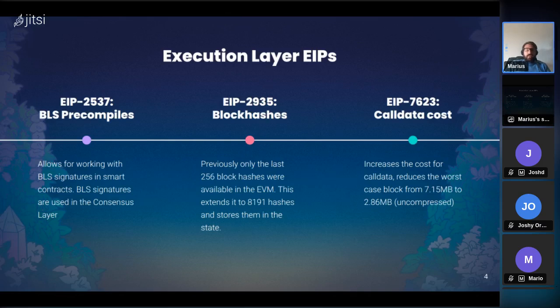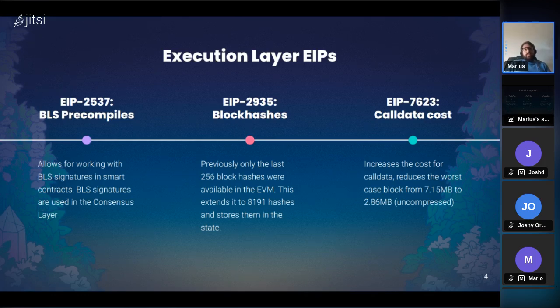But this is not only for signature verification, but there are actually like 6 or 7 precompiles added with this, or even more, and they can be used to do other stuff on the BLS curve, and that's pretty cool because, for example, ZK snarks are built on the BLS curve, and that means some of the ZK L2s can also use this instead of a smart contract for the BLS verification on mainnet.